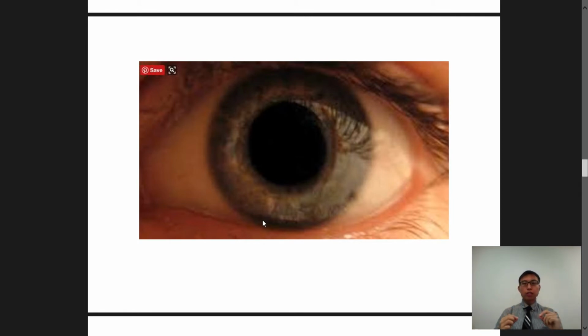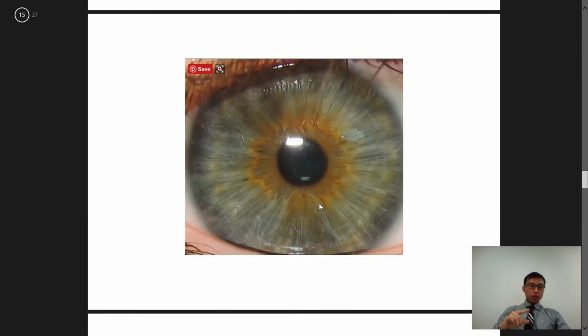So what's going to happen is that you have to know that in this scenario, the radial muscles of the iris contract, and the circular muscles relax, and then this enlarges the size of the pupil, and so more light can enter.